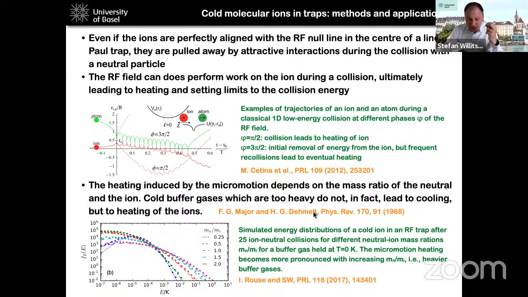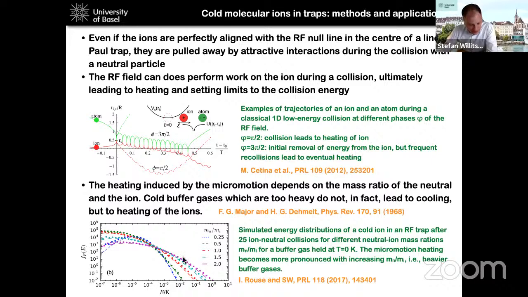Meaning the ideal situation is if you have a light buffer gas and a heavy ion, then this problem of micromotion heating of the ions through the collisions is not a problem, or a lesser problem, and you can still get efficient buffer gas cooling. But under conditions where the buffer gas is heavier than the ions, you essentially don't get cooling, and in many cases you get heating.